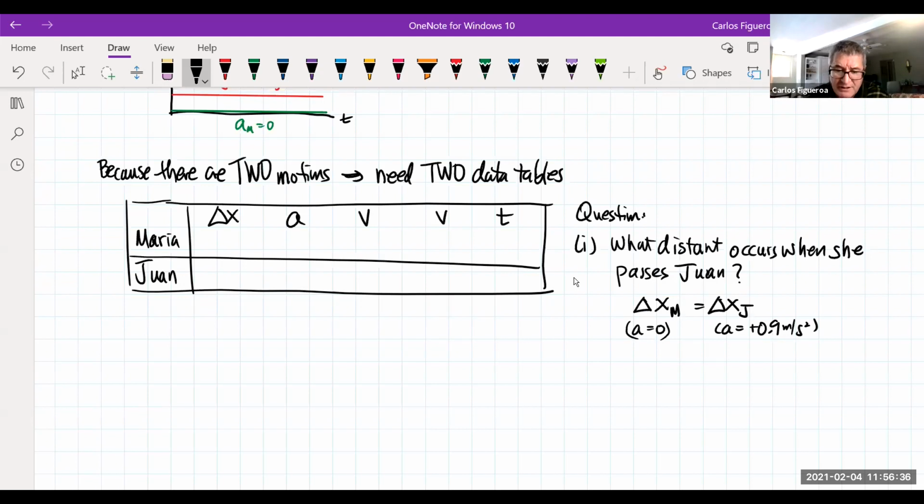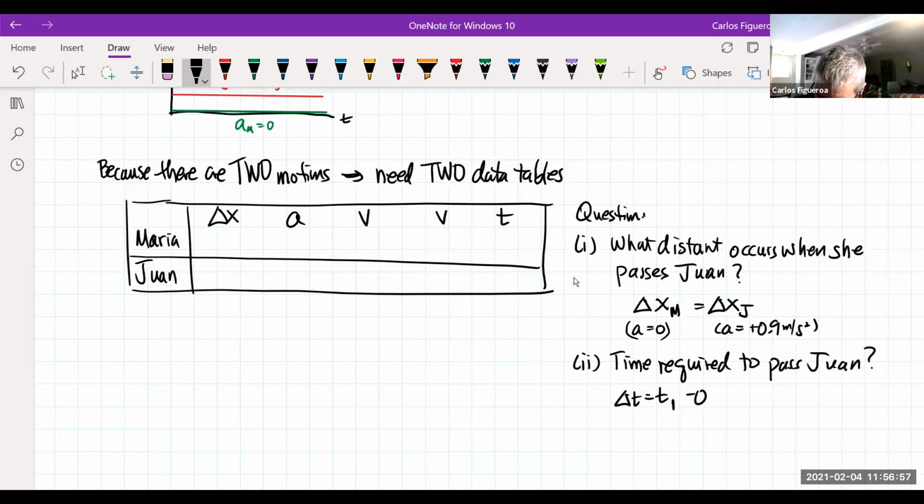And the other thing here that we have to account for is that we need to know the time required to pass Juan. And according to what we said here, that was time t1 minus 0, which is then t1.